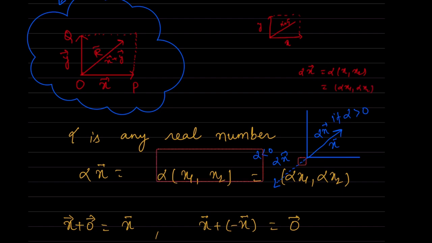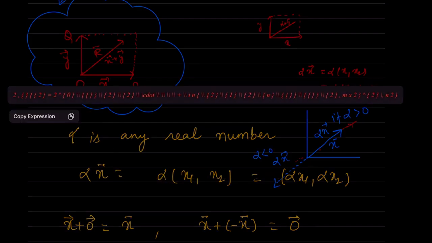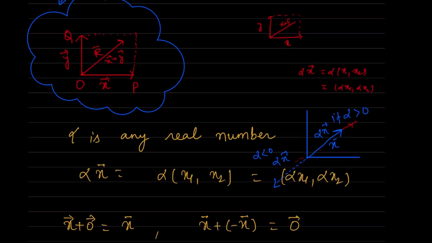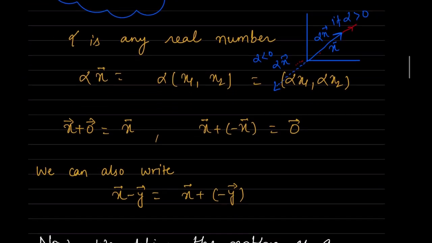If I talk about the geometrical meaning of this alpha x: if we have a vector x bar in this direction, then alpha x will be in this direction if alpha is positive. If alpha is negative, it will be on the negative side of that. So this is this thing.